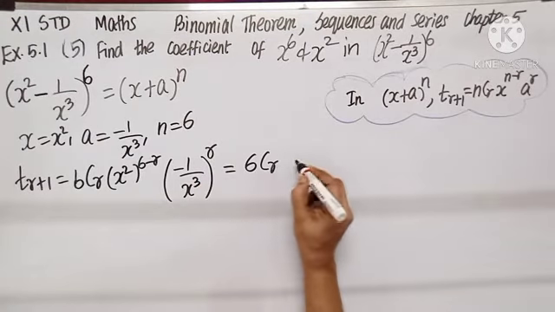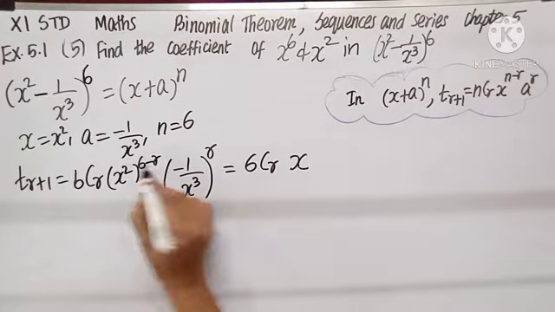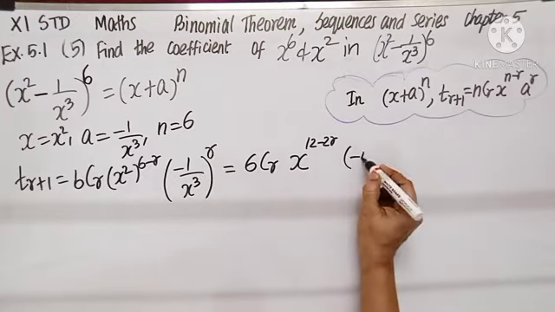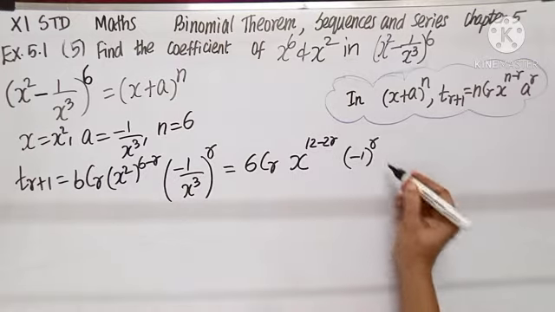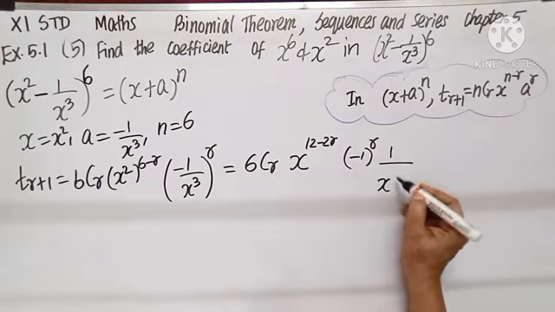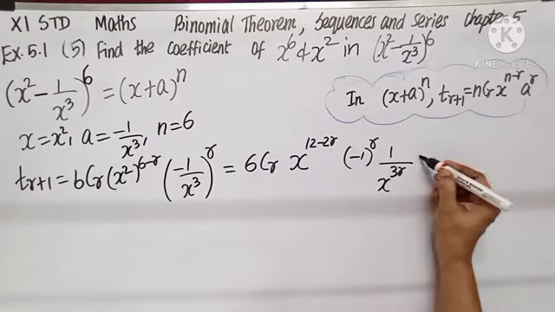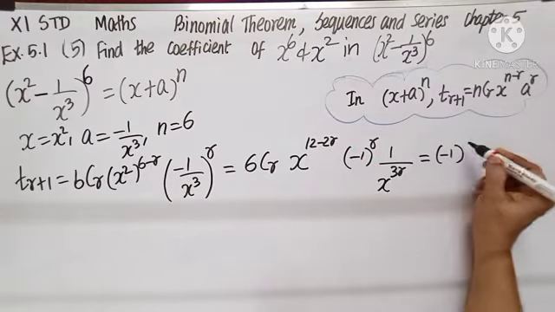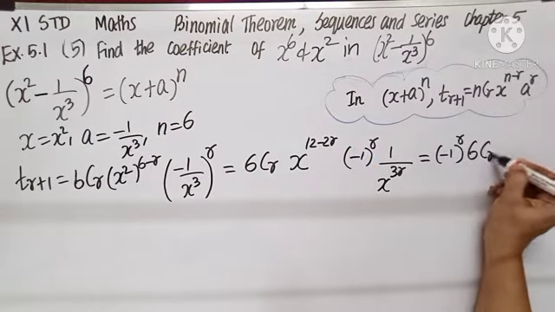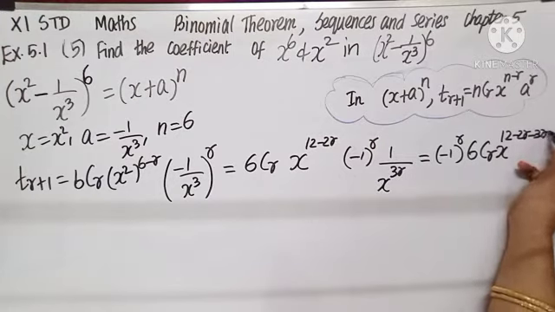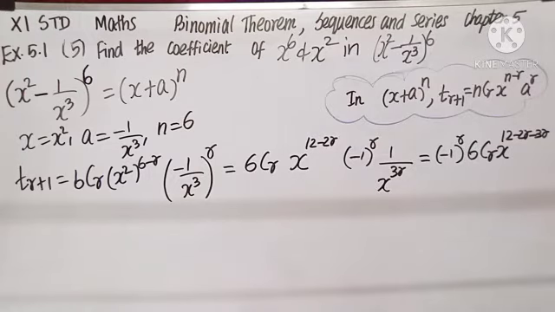Simplifying, 6cr x power 12 minus 2r minus 1 power r, 1 by x power 3r. Taking this to the numerator, it is minus 1 power r, 6cr x power 12 minus 2r minus 3r.